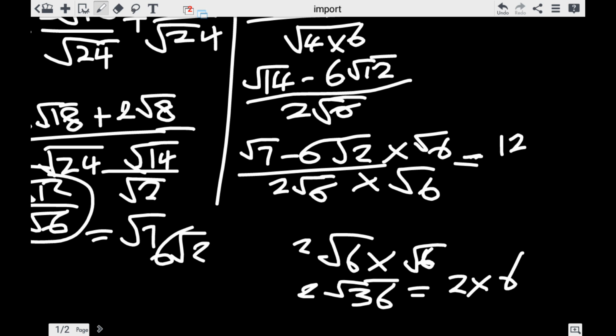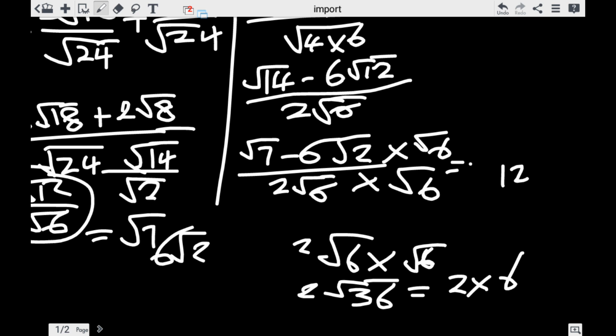So this is what we now got so far. So everything here has become 12.